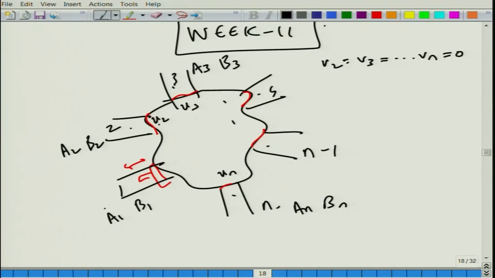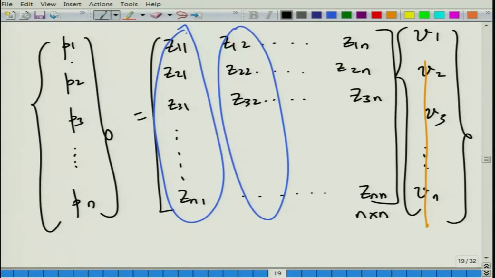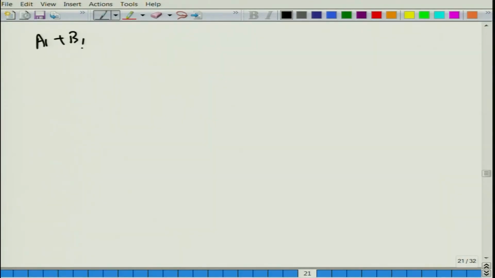A1 is the wave that is incident here, B1 is the one that goes out here. Similarly, A2 is here, B2 is here, AN goes here, BN goes here. So basically what we can do, we can write the entire column as A1 plus B1, A2 plus B2, A3 plus B3, and AN plus BN.